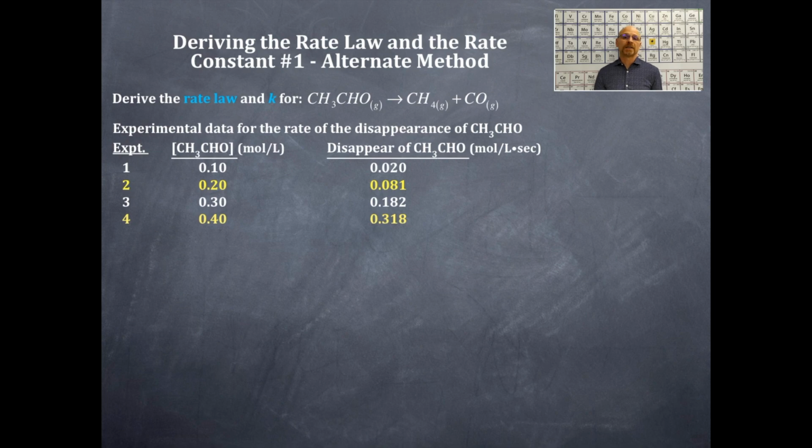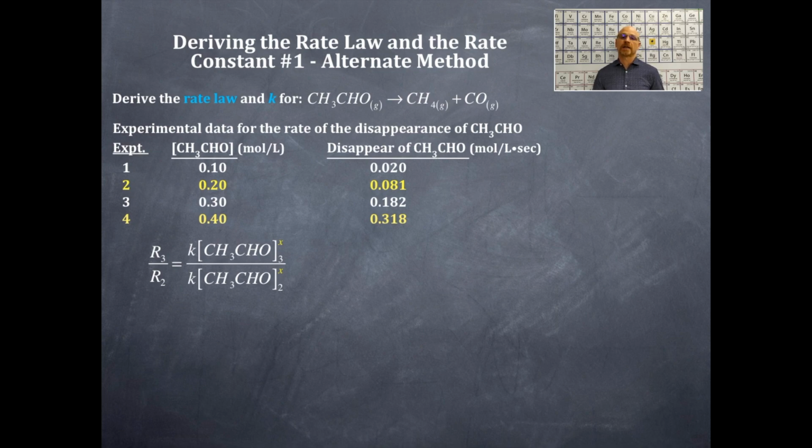So the rate law: rate is equal to a constant times the initial concentration to a power. So we're going to use that information and compare 2 different reactions. I'm going to compare reactions 3 and 2, something that I didn't do on the previous one. And I have both of those basic rate laws set up.